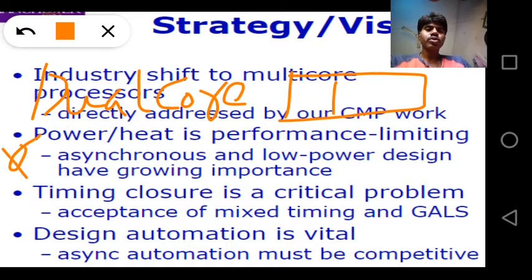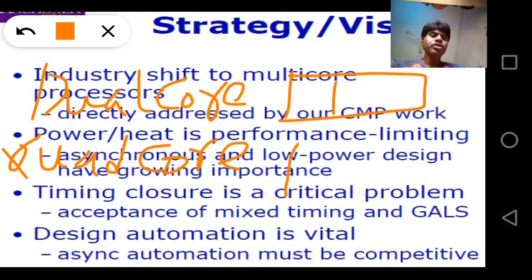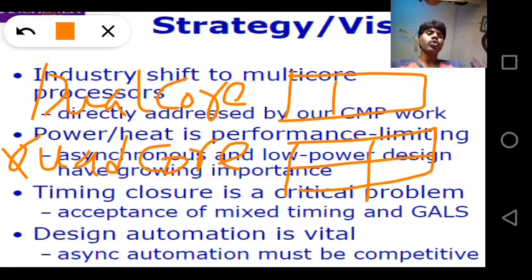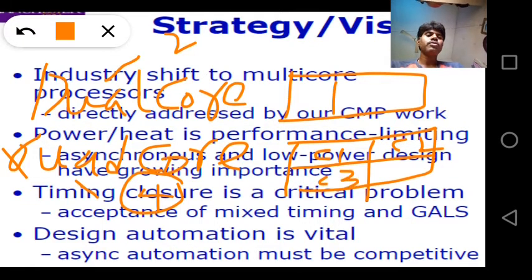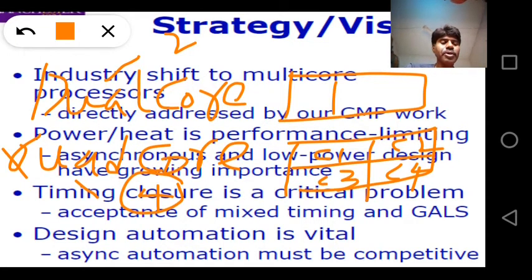Next I have quad core processor. So what is meant by a quad core processor? Here quad means 4, dual means 2, quad means 4. So here the processor is divided into C1, C2, C3 and C4. This is called quad core processor.